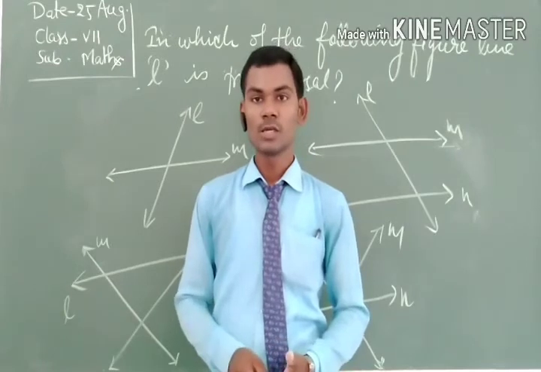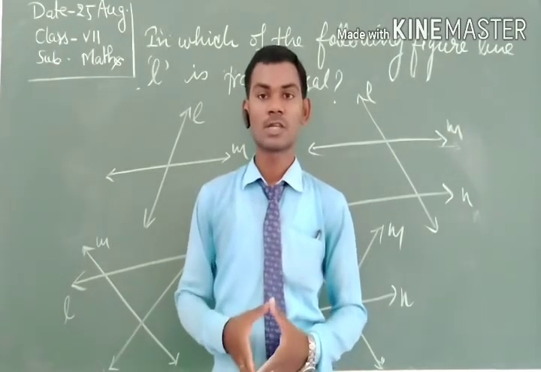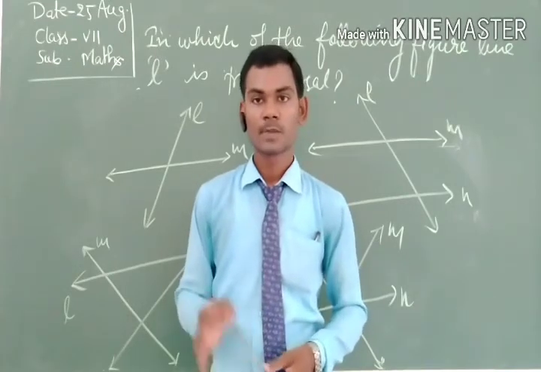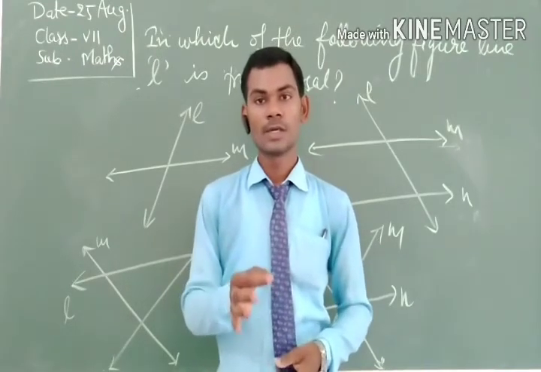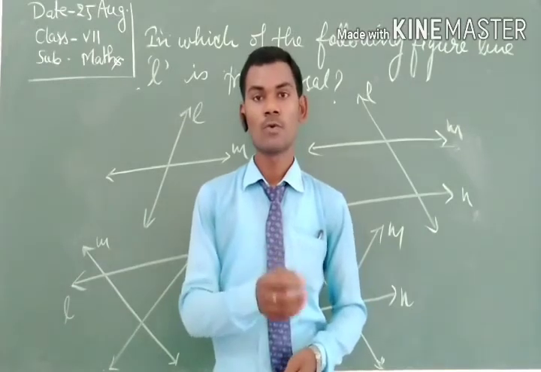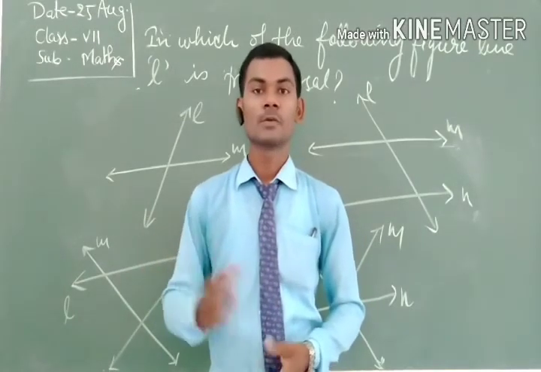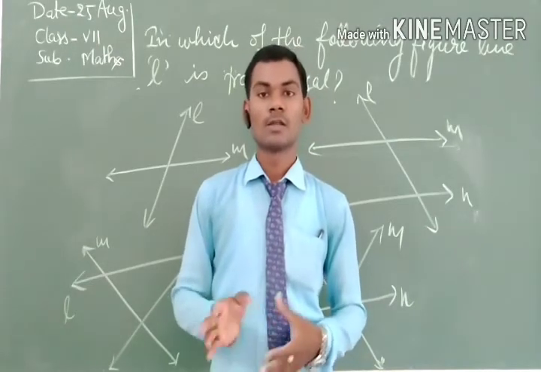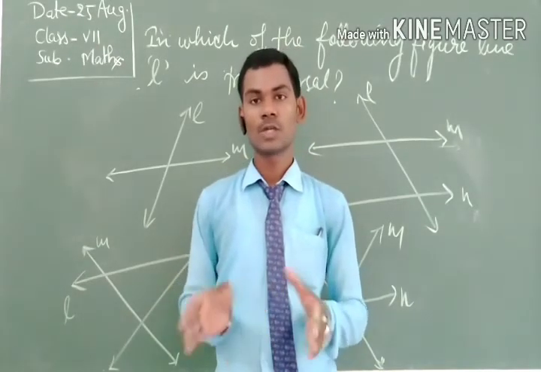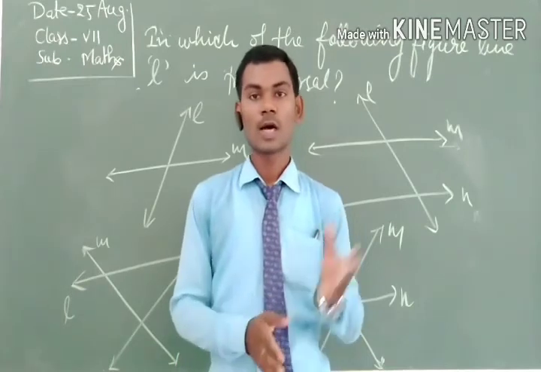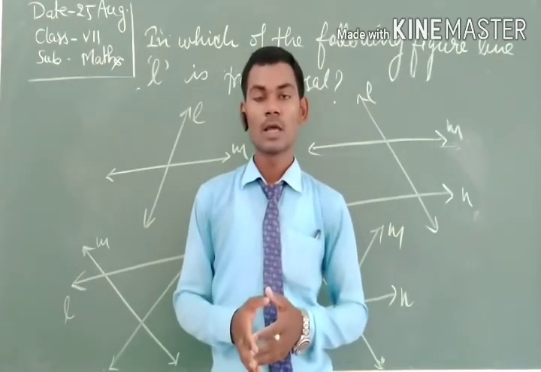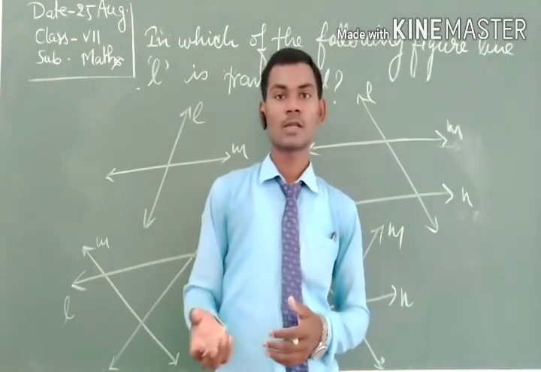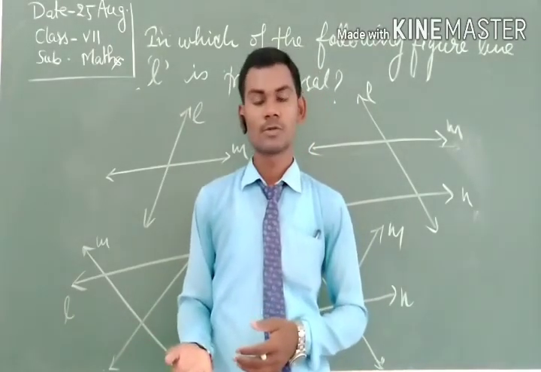So you need to learn the definition of the transversal. What is the definition of the transversal line? A line which intersects two or more lines at different points is known as the transversal line. There is no restriction that the two or more given lines are parallel or not. They may be parallel or they may not be parallel. It doesn't matter.